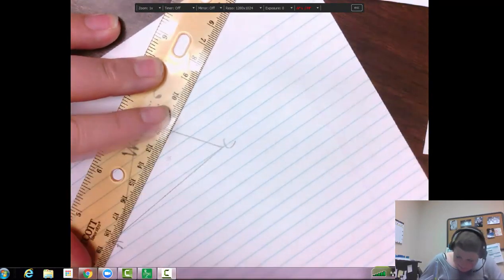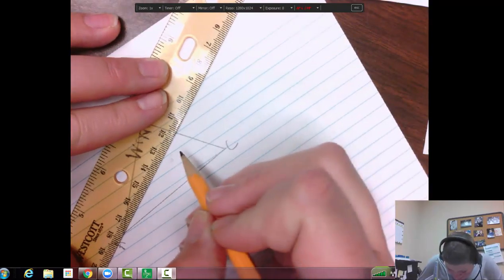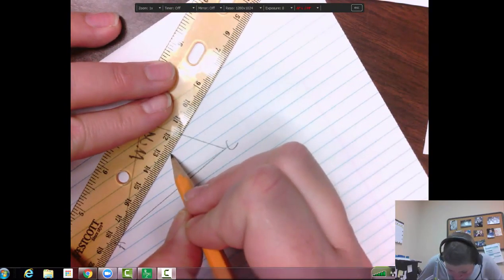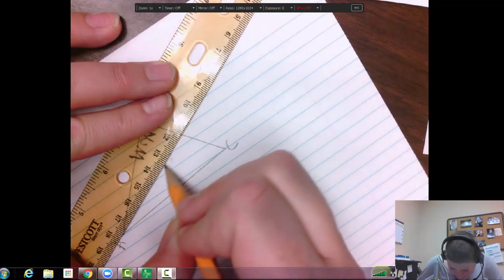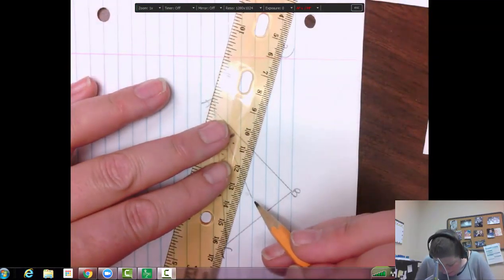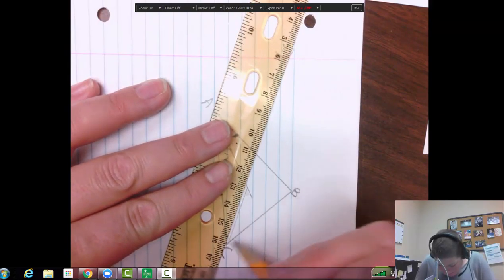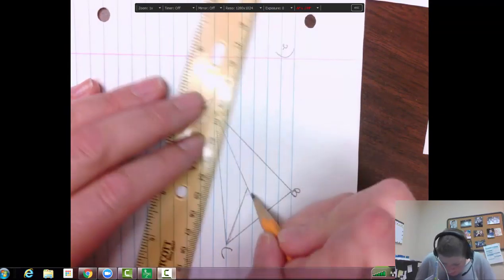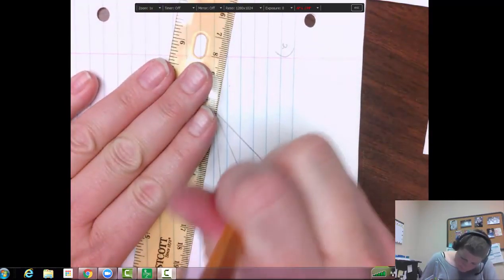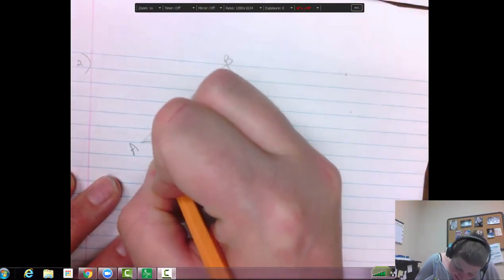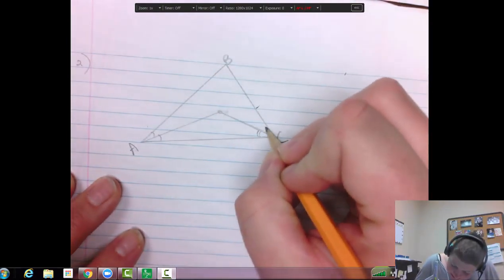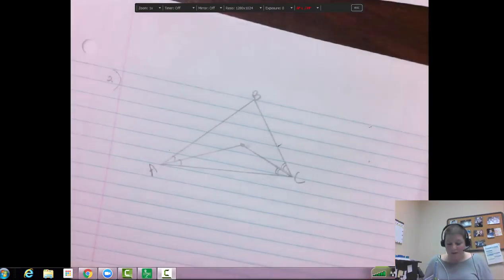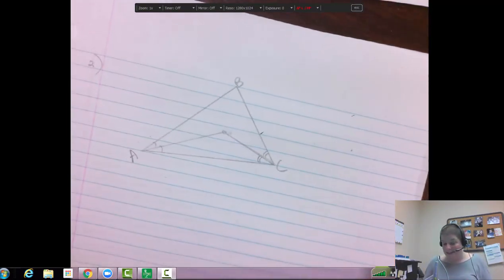Yeah, it's way off. All right, so what I'm guessing at right now is about where that halfway, or the bisector of that angle. Okay, we'll go here instead. I guess it wasn't way off, but a little. All right, so this one is bisecting this one, and this one is bisecting this one.